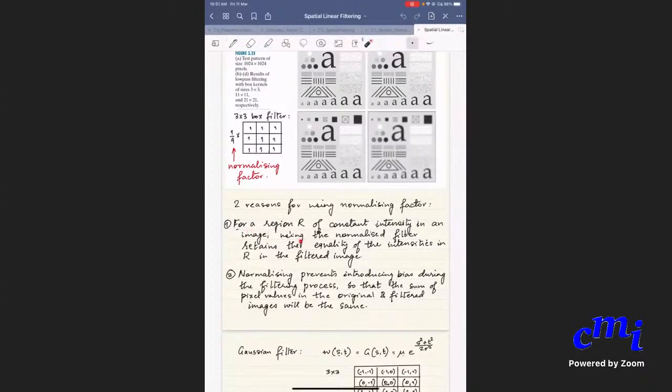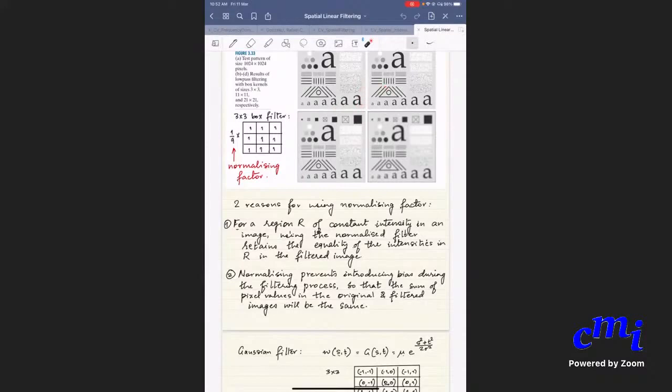One reason is that if you have a region of constant intensity, in this image, if you're looking at the background gray, these are areas of constant intensity. This is the original image, and the background is all this gray. This is a constant intensity area.